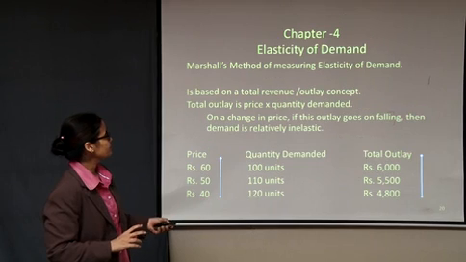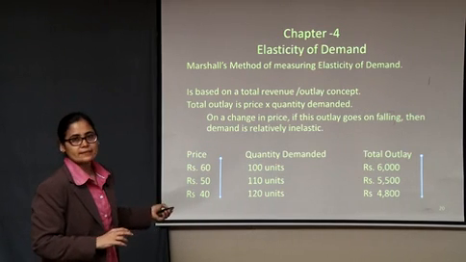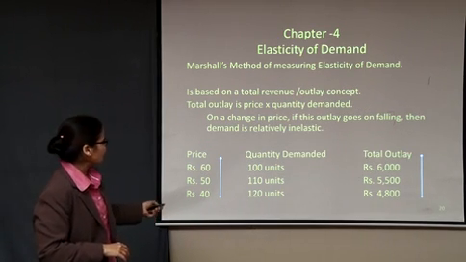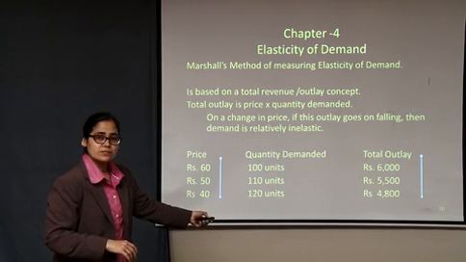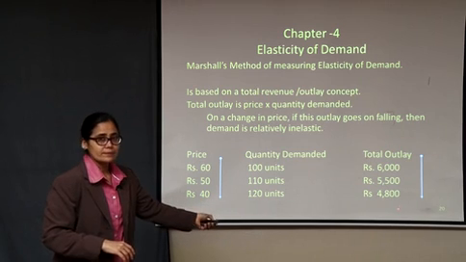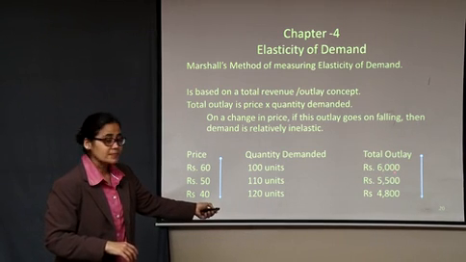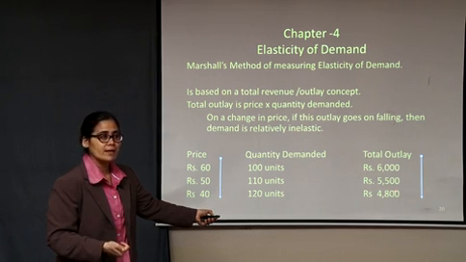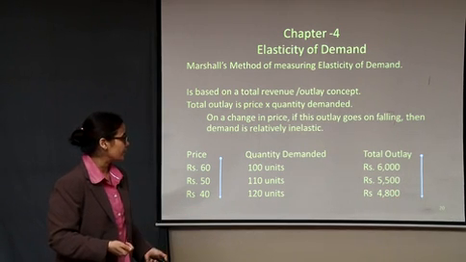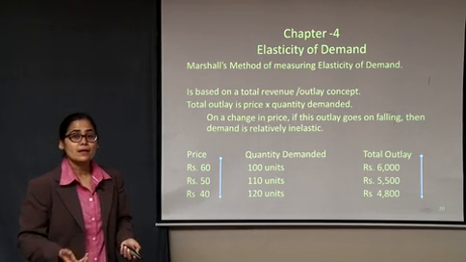Let's go ahead to the second category. Here the same example is taken, but there is a difference: your total outlay is falling. Earlier it was 6,000, then it comes down to 5,500 and 4,800. What does it mean?